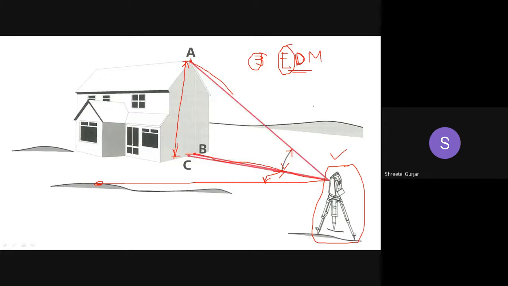These red lines which you see are nothing but electromagnetic waves. Those are sent and received by the total station, and they are used to calculate the distances. So this is electromagnetic distance measurement, an example of which is geodimeter, tellurometer, and distomat.